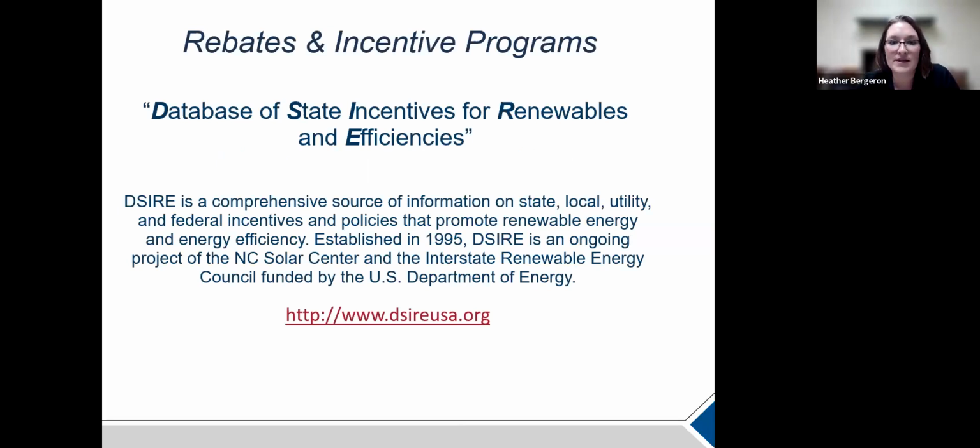This is a comprehensive source of information on state, local, utility, and federal incentives and policies that promote renewable energy and energy efficiency. DSIRE was established in 1995. It is an ongoing project of the NC Solar Center and the Interstate Renewable Energy Council, funded by the U.S. Department of Energy. You can reference their link below.